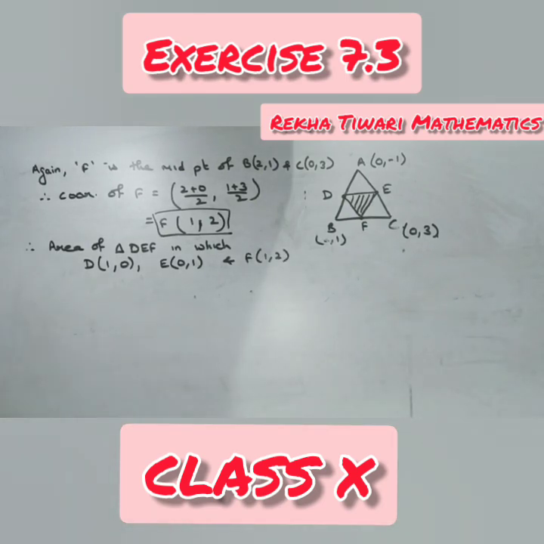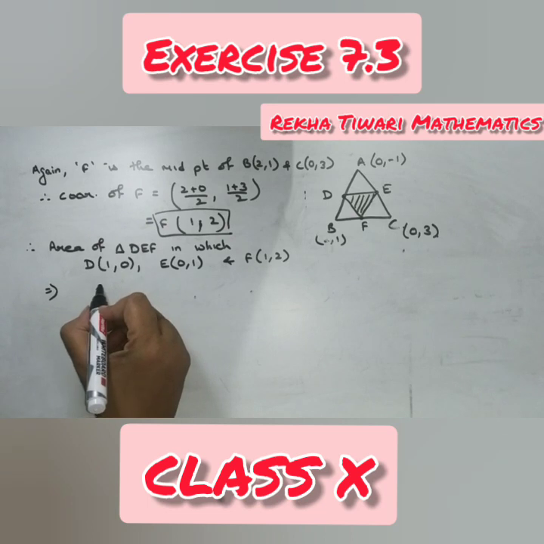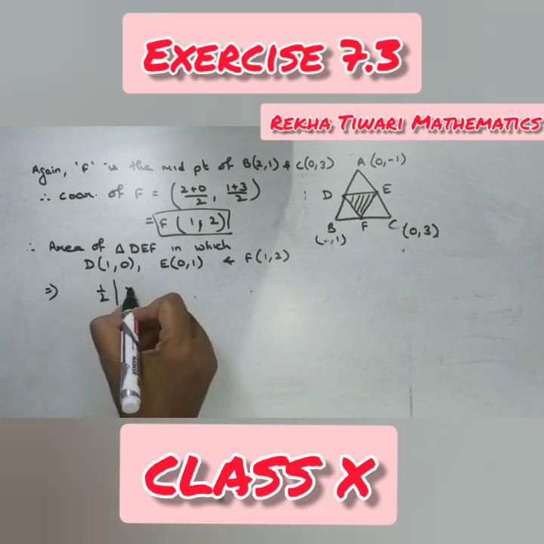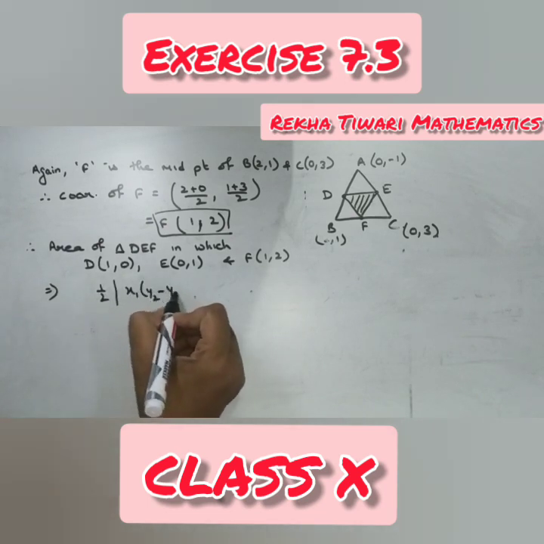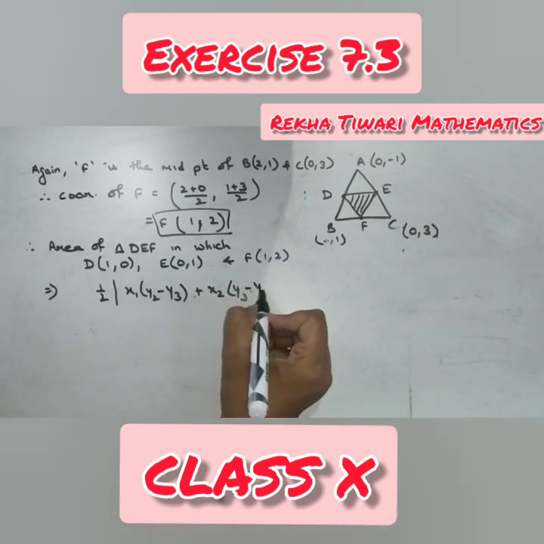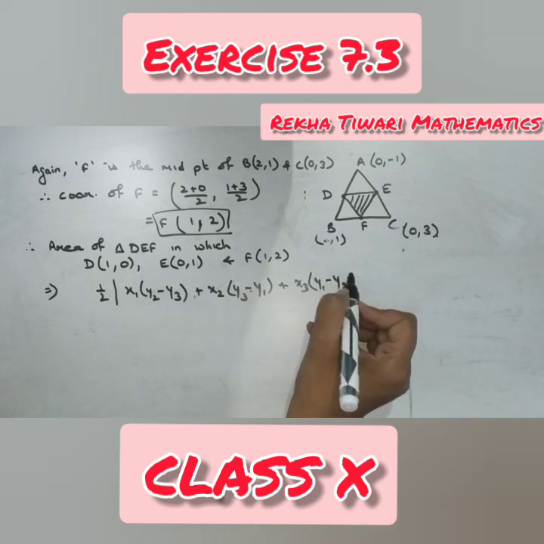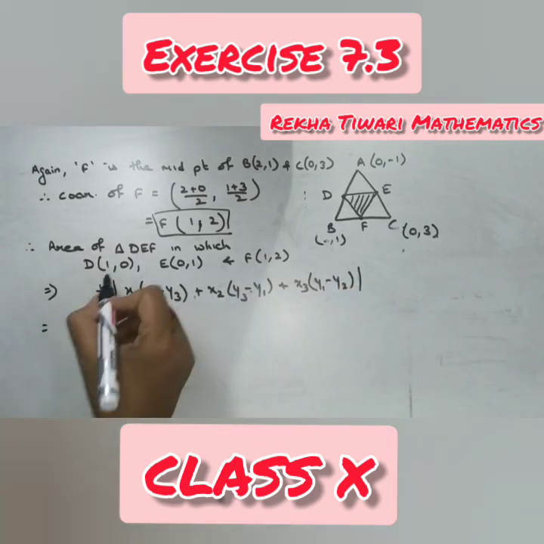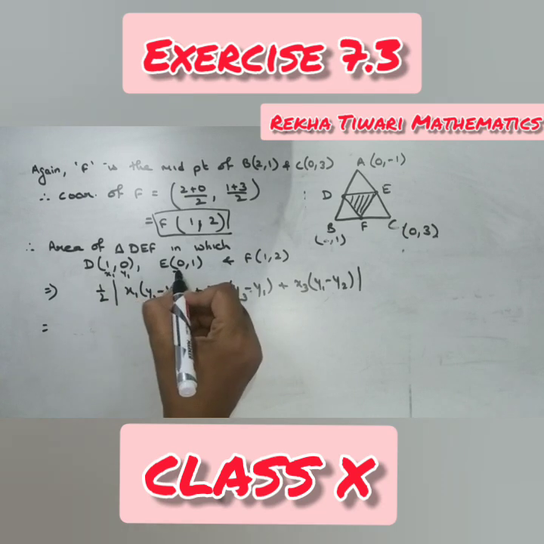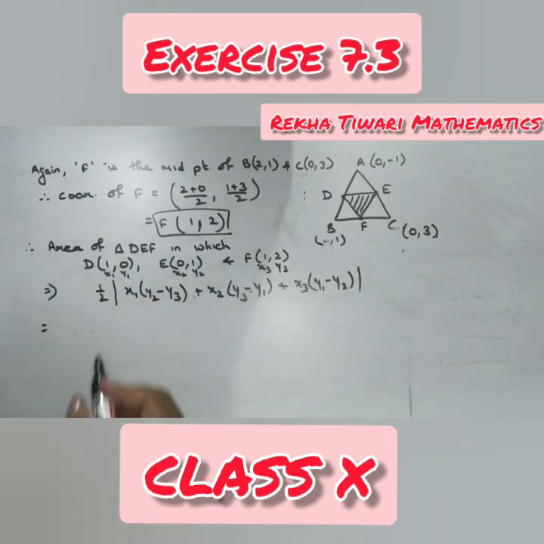So this implies, what is the formula? Half x1(y2 minus y3) plus x2(y3 minus y1) plus x3(y1 minus y2). Put down the values. This is x1 y1, x2 y2, x3 y3.